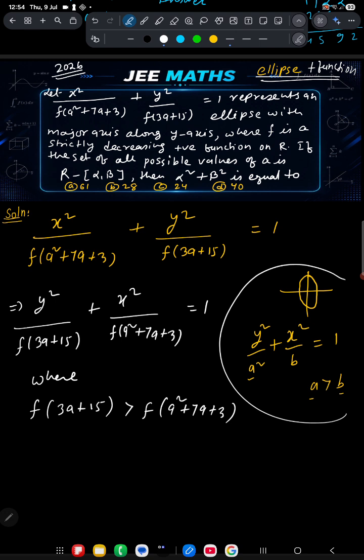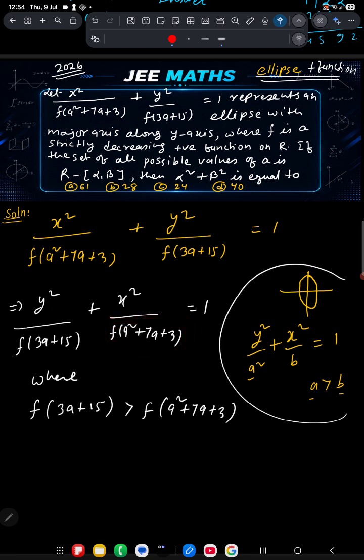Now comes the concept of strictly decreasing positive function. Why is it saying like that, the strictly decreasing positive function? Because here this is nothing but some type of a square, so it must be positive. This also is something of b square, which must be positive.